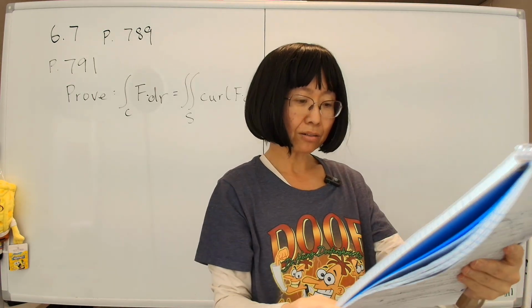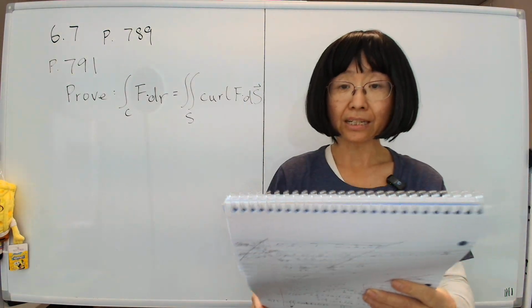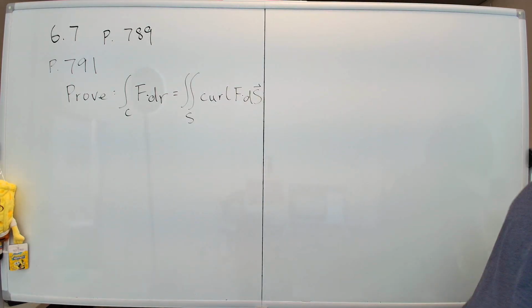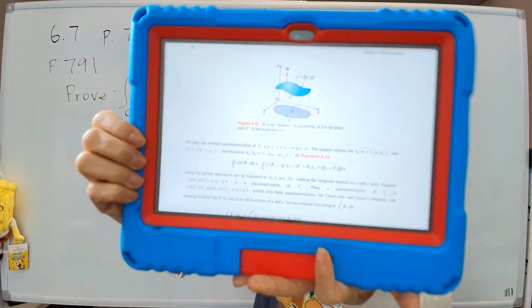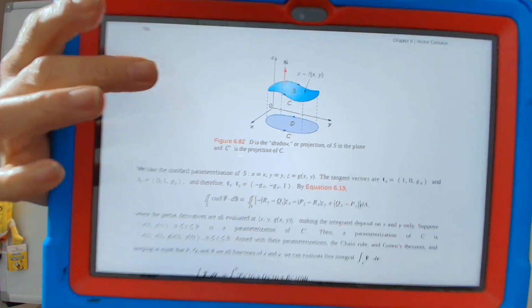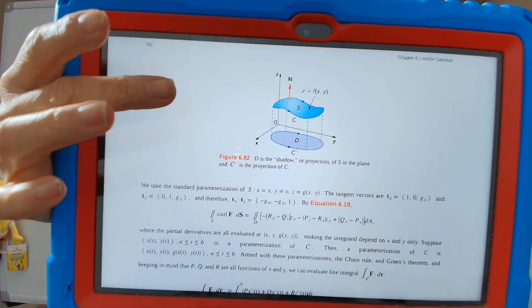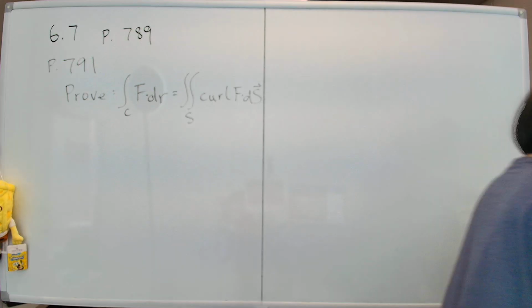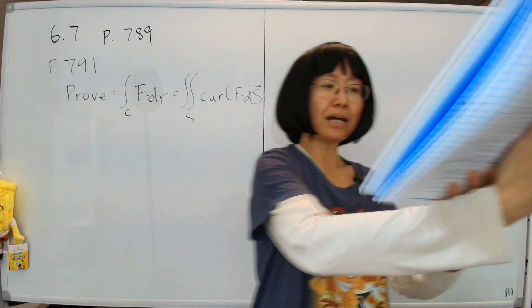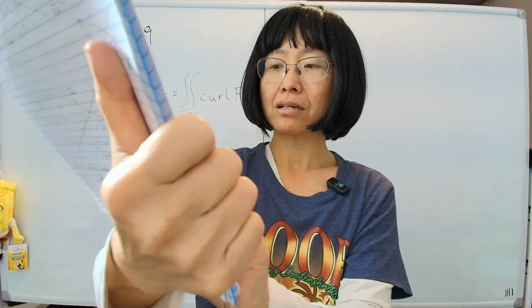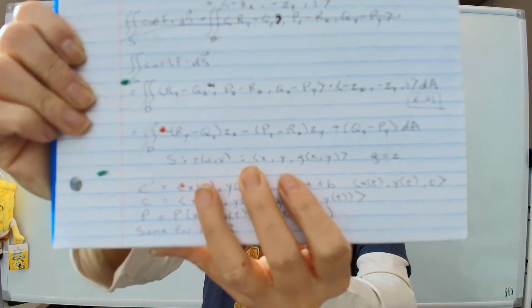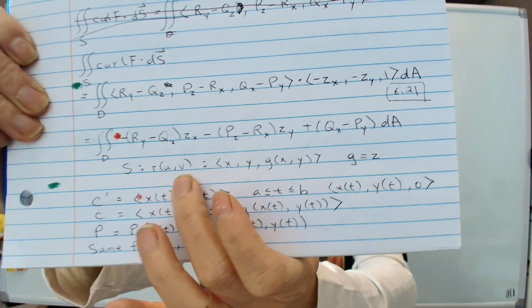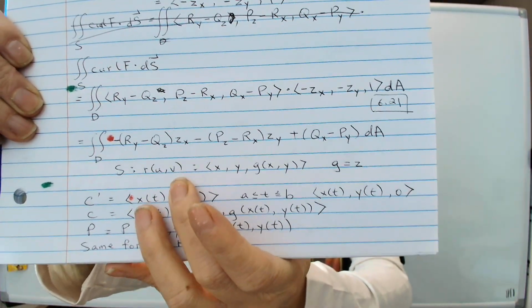Now next, we are going to consider the surface S, the surface on the top of your book. I'm not going to draw it because it's right there. So let's consider surface S. S is z equal to g(x, y), right? And then we are going to parameterize it. And how are we going to do that? Normally we parameterize it as r(u, v), as we did in the previous section, I think.